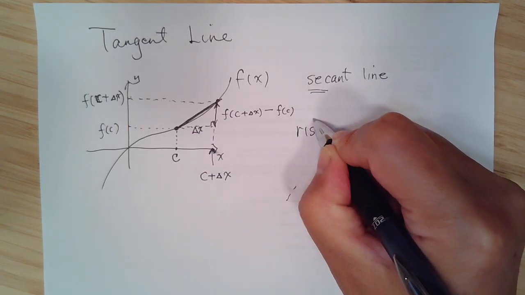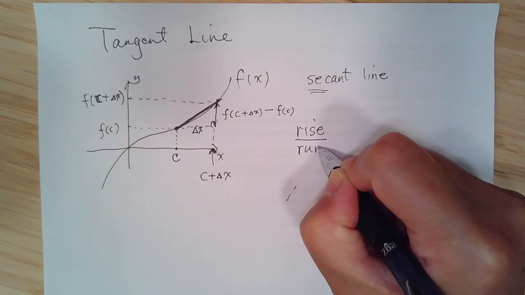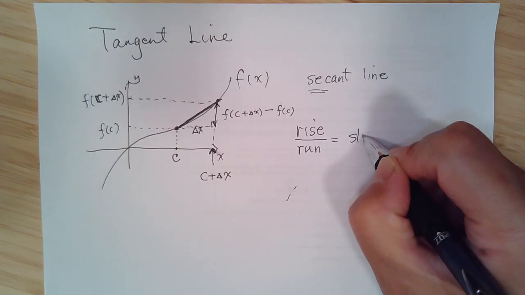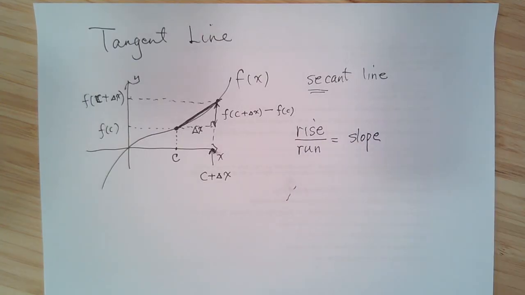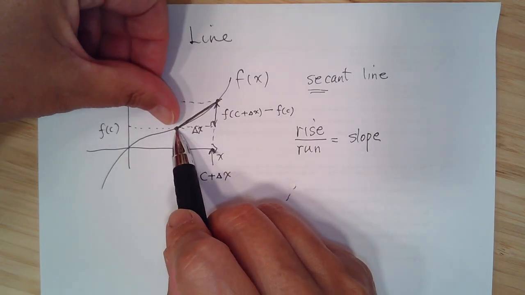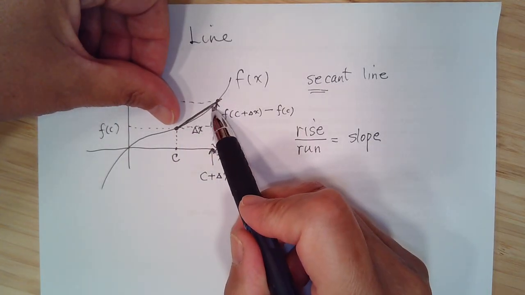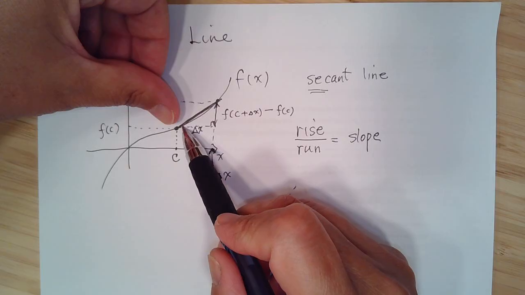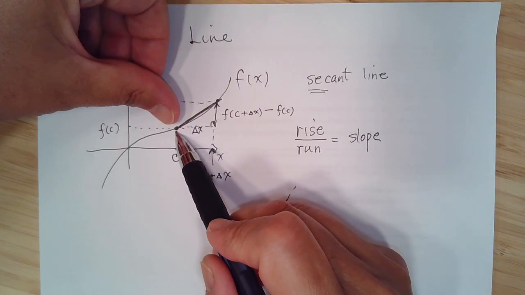Rise over run. We learned this a long time ago, that is a slope. Right? Okay, so that's the slope of this secant line. And then when this delta x gets smaller and smaller, you fix this point, and you move this other point along the curve, closer and closer to this point.